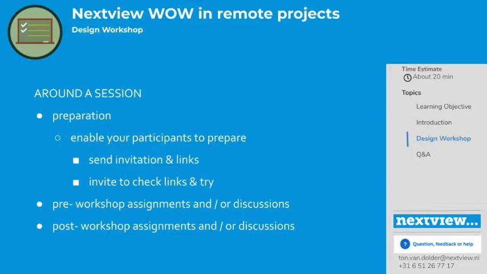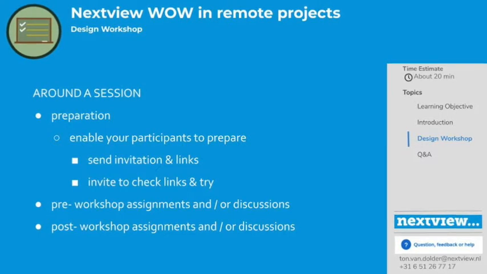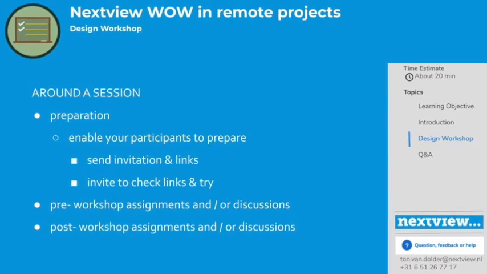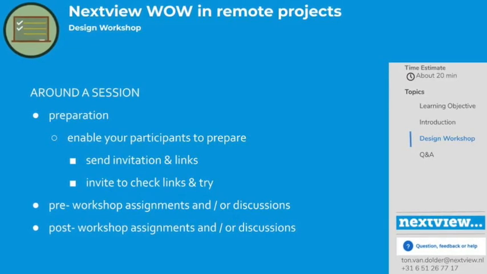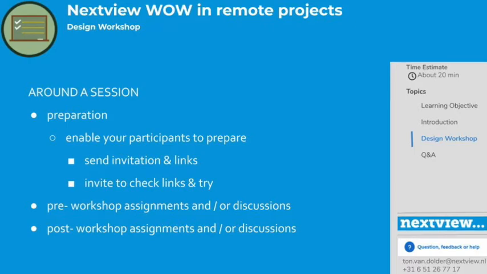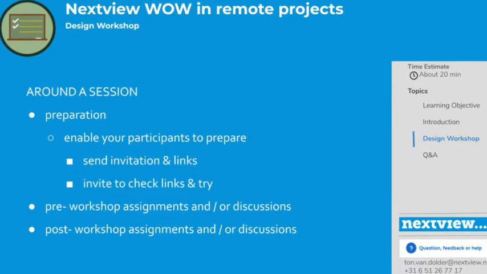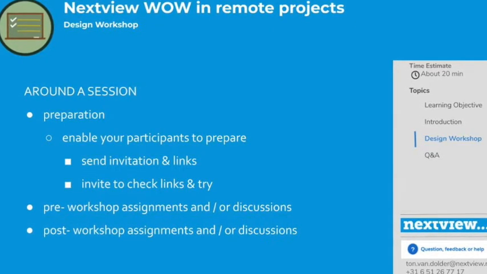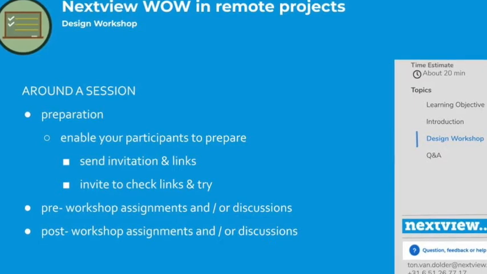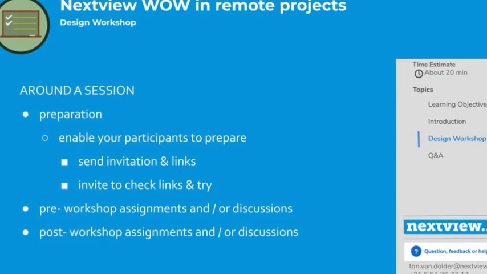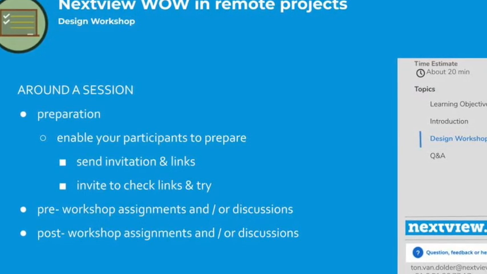Like my colleague Nick already showed in an earlier video about sending a personal handwritten invitation together with some chocolate, which is a very nice example to give the participants a sense of connection and to make a remote workshop a little bit more personal.